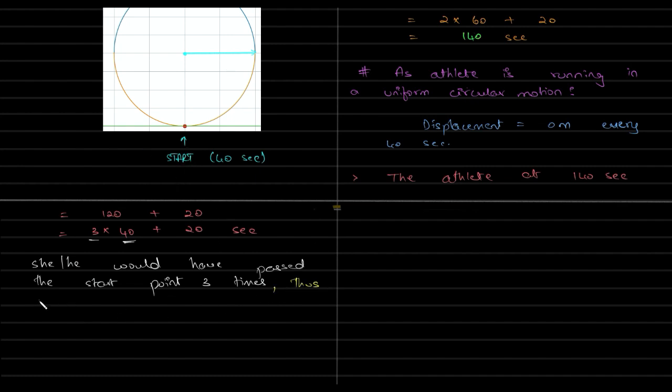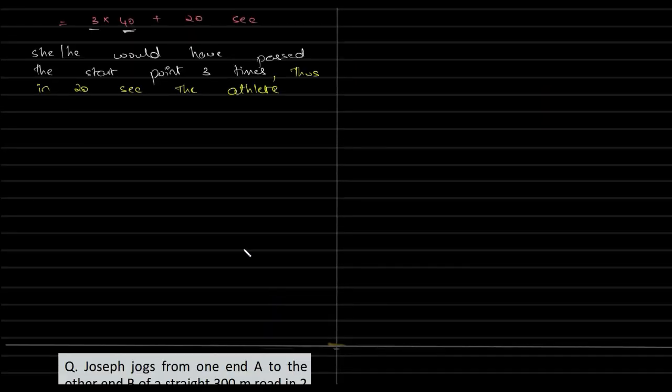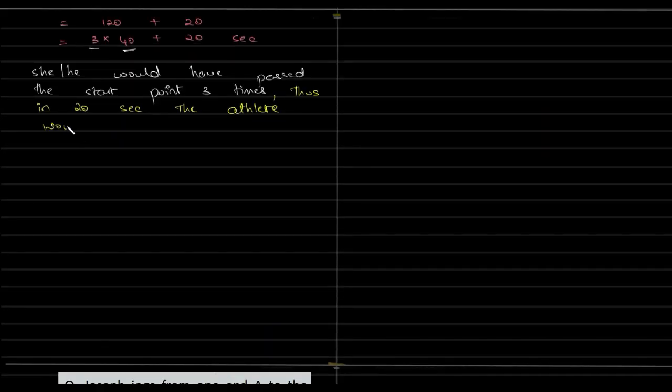Thus, in 20 seconds, the athlete would have run. So now a bit of calculation, time, and this is path covered or distance covered.